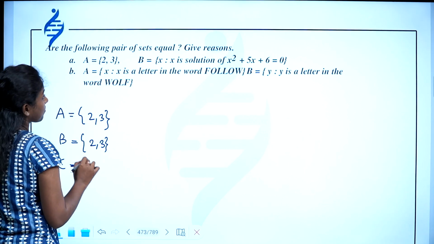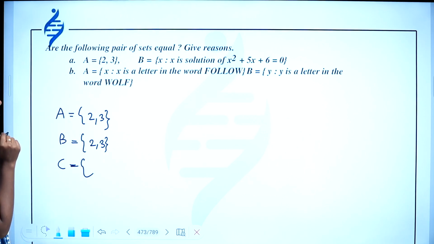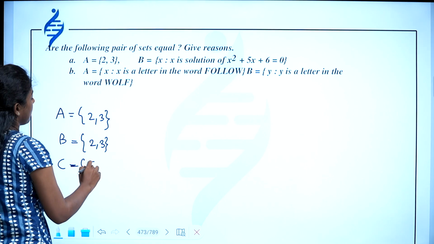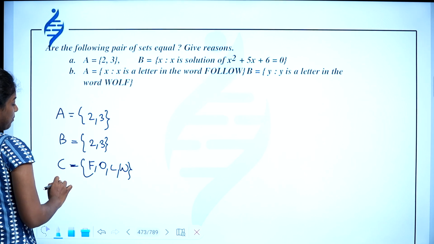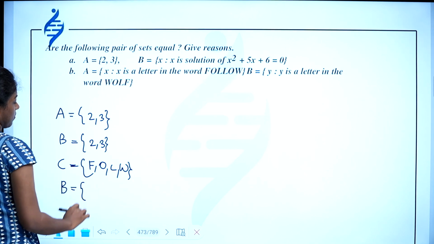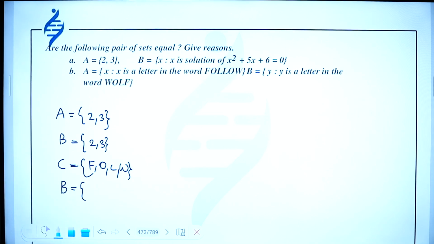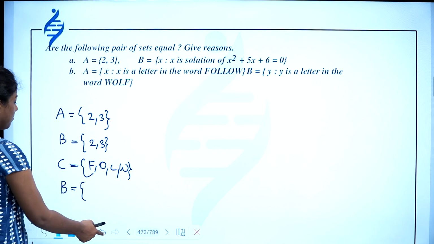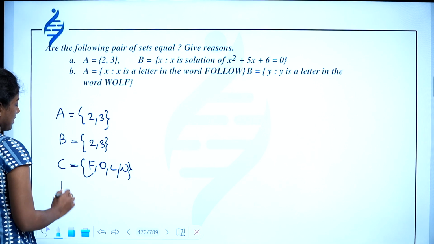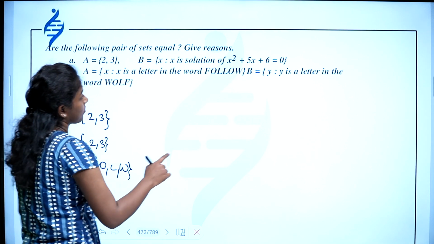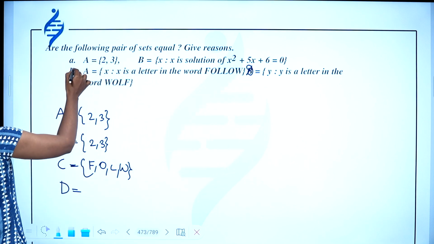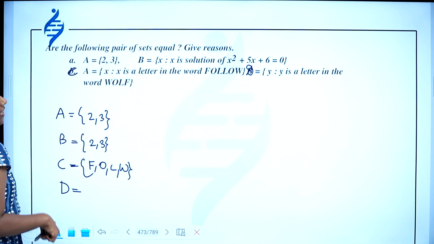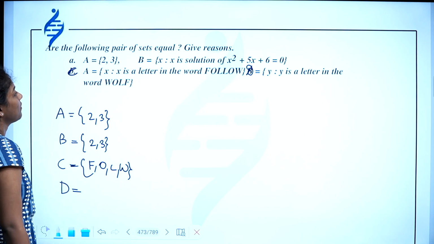Then C, x such that x is a letter in the word follow. So F, O, L, W. This is our set C, and this is set D. D will be y such that y is a letter in the word wolf.